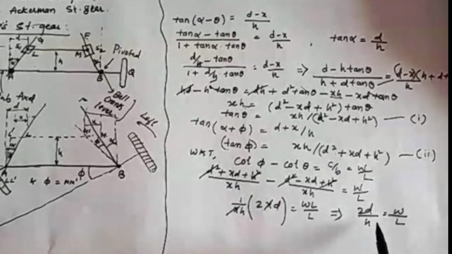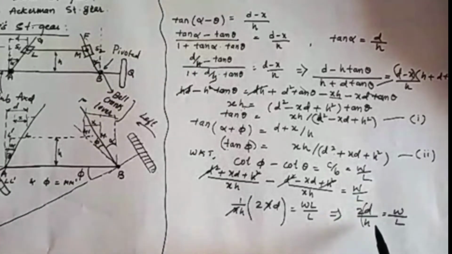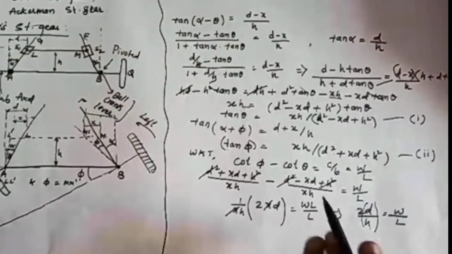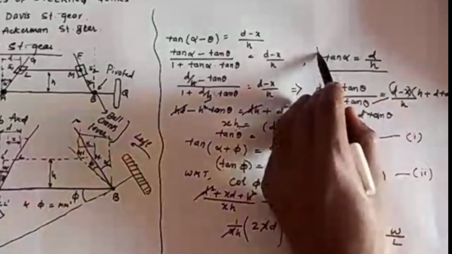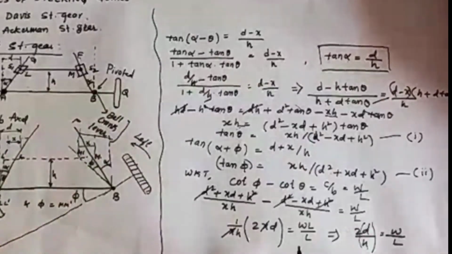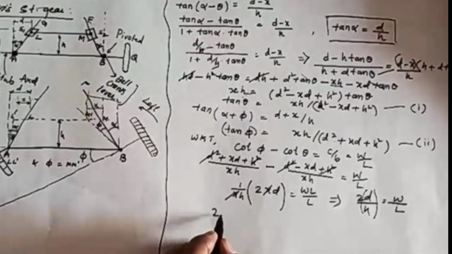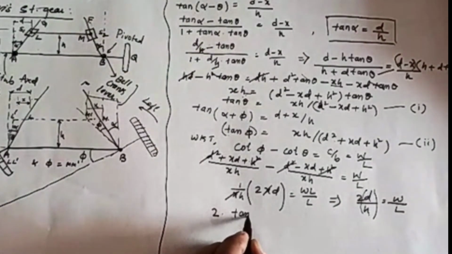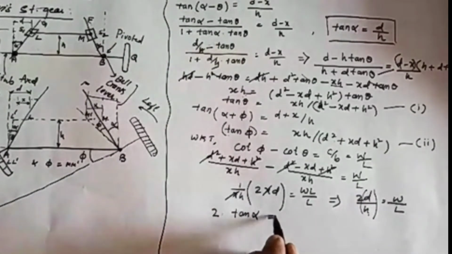Again, you can find in this equation d by h. So d by h is equal to what? It is tan alpha. So you can write 2 tan alpha is equal to W by L, where tan alpha is equal to W by 2L.